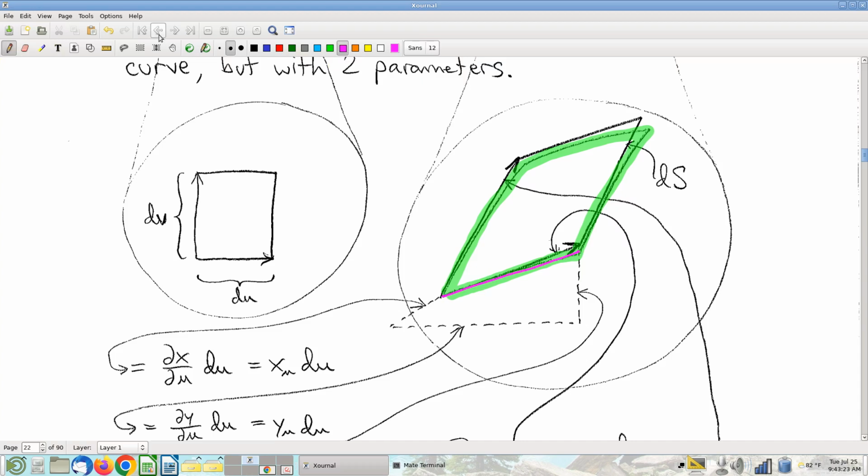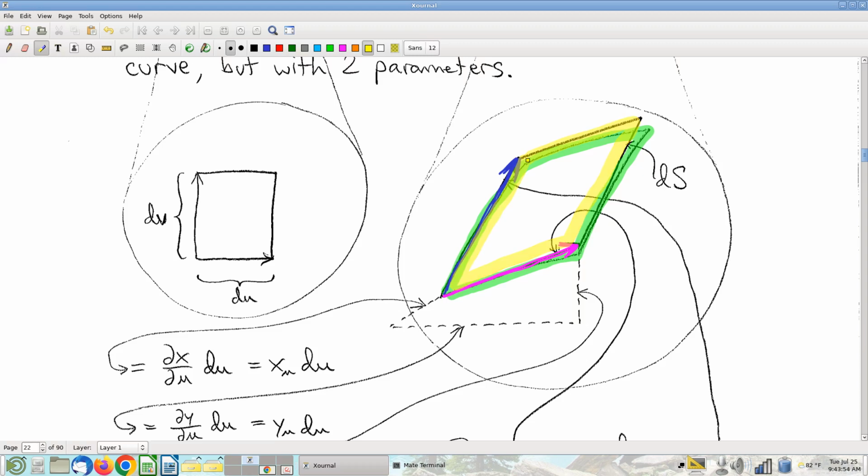This edge vector and that edge vector, which between the two of them will create this parallelogram like so.